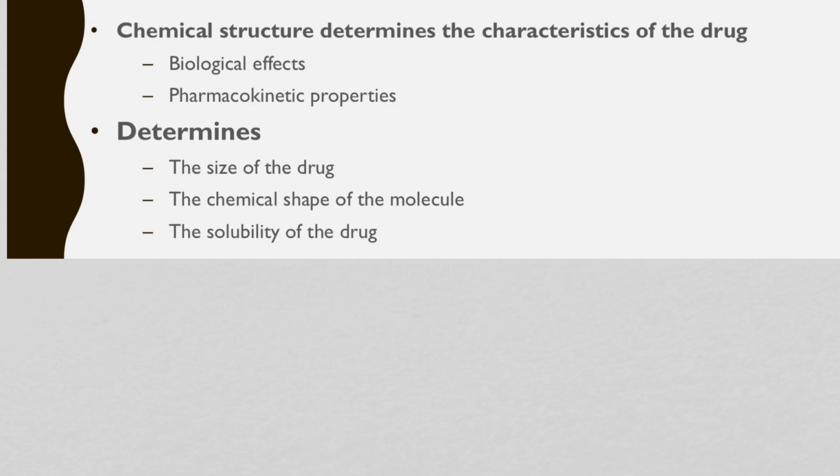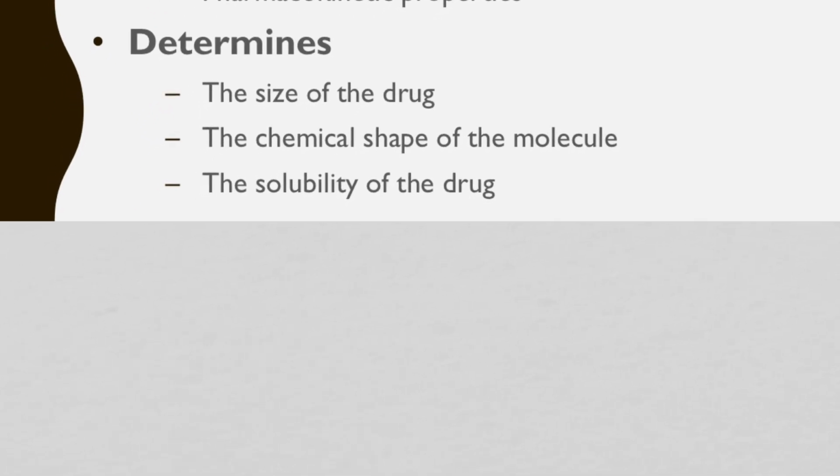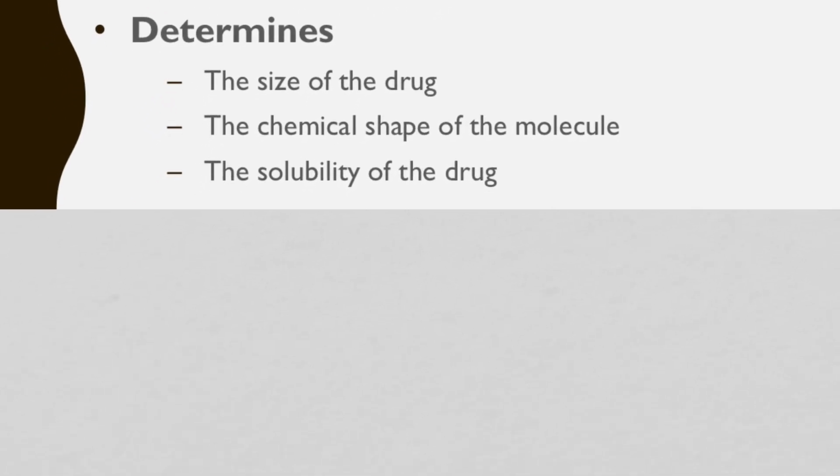In addition to that, when we're thinking about chemical structures of a drug, we have to also think about the size of the drug that the patient is taking, the chemical shape of the molecule, and then the solubility of the drug. And if I had to argue which of these would be most important, probably the solubility, right?